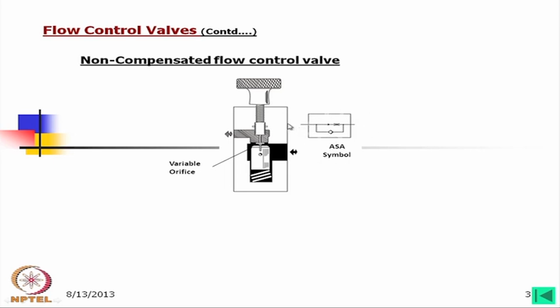When the flow is coming from the left side, it is going through the throttle valve, whereas when the flow is coming from the reverse side, it is going through the check valve. Definitely the equation for such flow can be developed, knowing the geometry of these orifices.